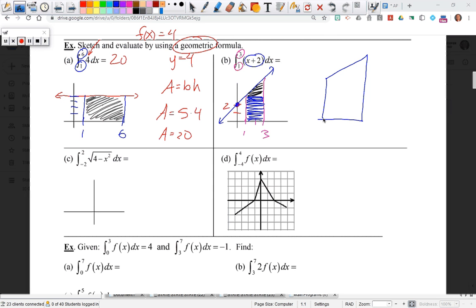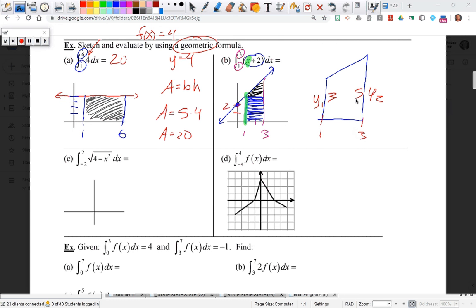How do you find the area of this? Well, you need to average your y values. Can someone tell me what the height of this first one right here at x is equal to 1 will end up being? 3. Because if you put it into the original function, 1 plus 2 is 3. What will the height be at x is equal to 3? 5.